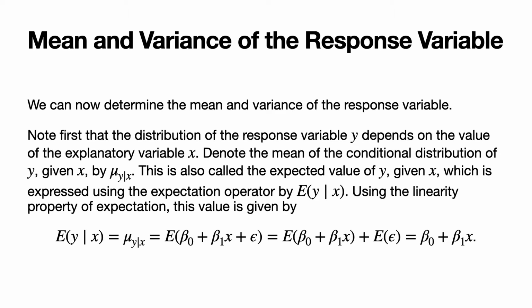Now we just got done showing that the expected value of epsilon can be taken to be 0. In addition, the expected value of beta 0 plus beta 1 times x is just beta 0 plus beta 1 times x. And so the mean of the conditional distribution of y given x, also called the expected value of y given x, is equal to the deterministic part of the model evaluated at that x, beta 0 plus beta 1 times x.